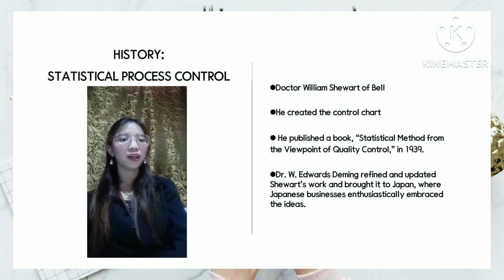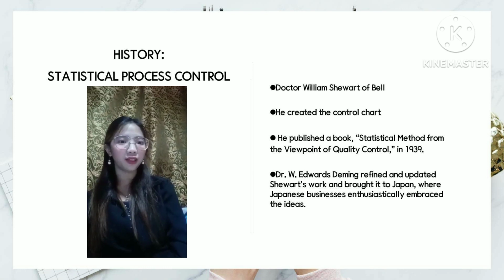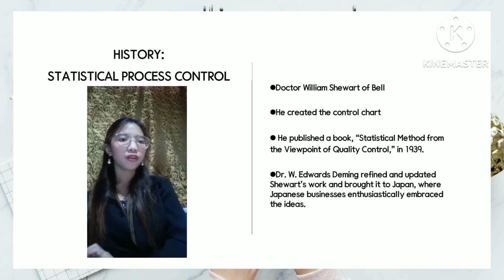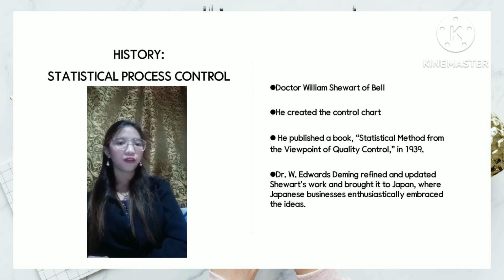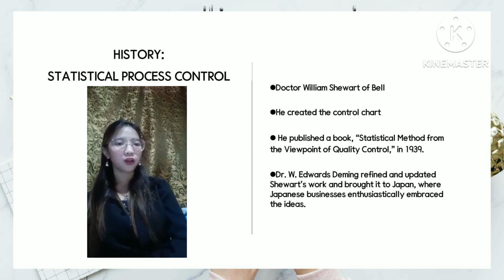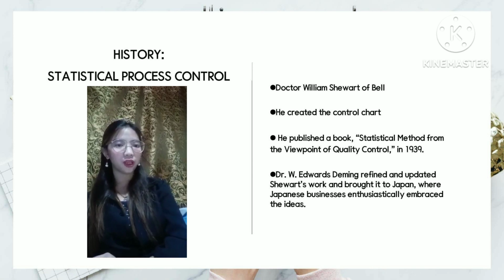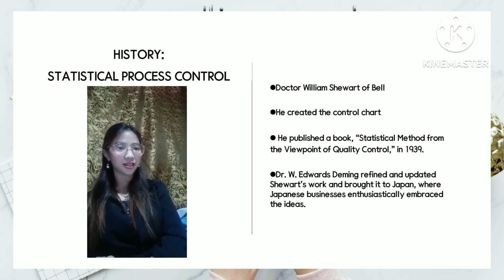The U.S. military relied heavily on SPC during the Second World War to oversee product quality in weapons and munitions without sacrificing safety. Unfortunately, SPC fell out of practice when the war ended. After the war, Dr. Edwards Deming refined and updated Shewhart's work and brought it to Japan, where Japanese businesses enthusiastically embraced the ideas.